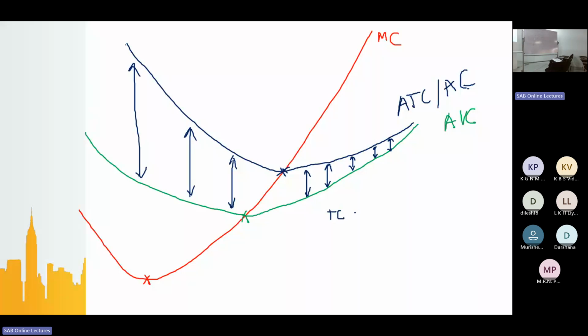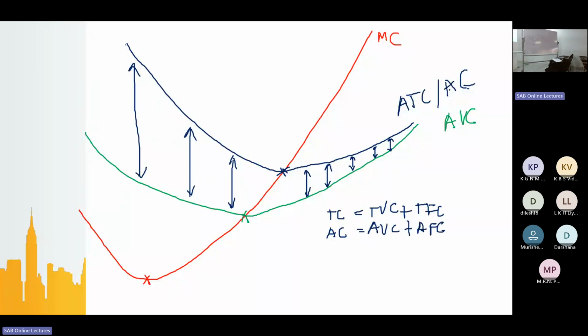Total cost is total variable cost plus total fixed cost. Then average total cost, or average cost, is average variable cost plus average fixed cost.